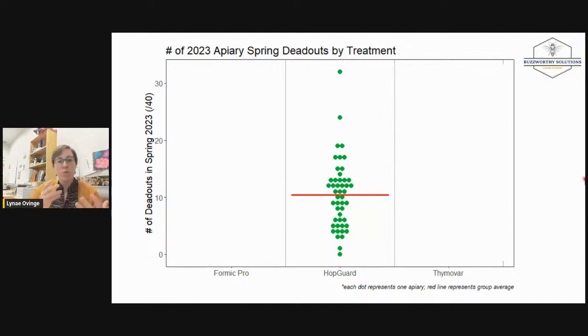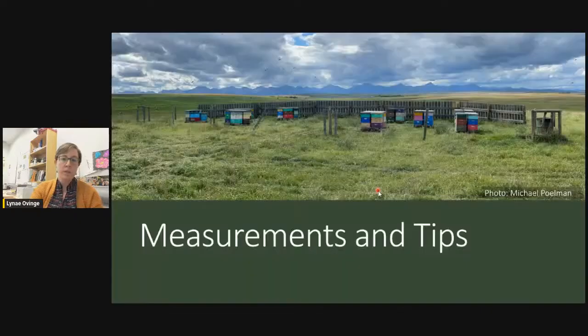So he wouldn't have known the relative usefulness of HopGuard, and he might have gone forward with using this because he'd be like, oh, 25%, that's better than the Alberta average. And so by including a control, and actually another one here, he was able to get more information and inform his choices for the next year.